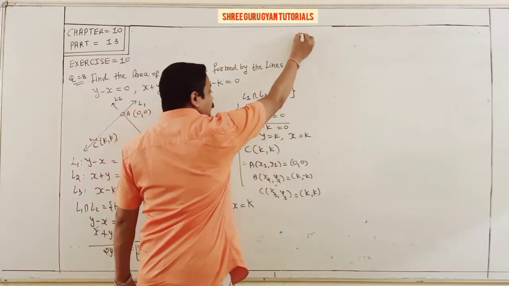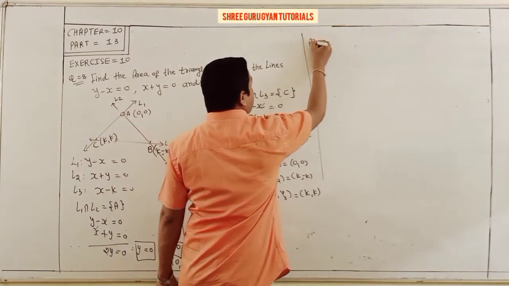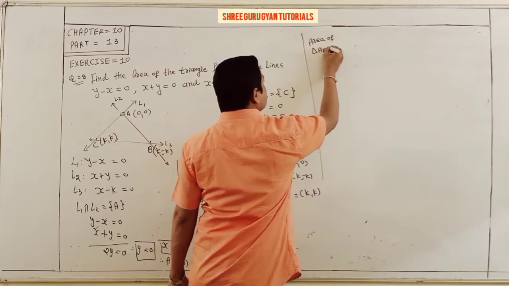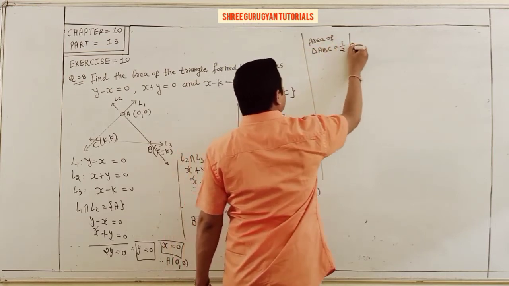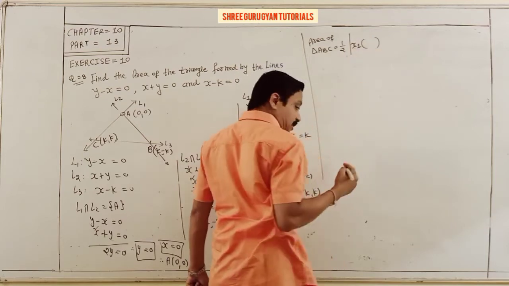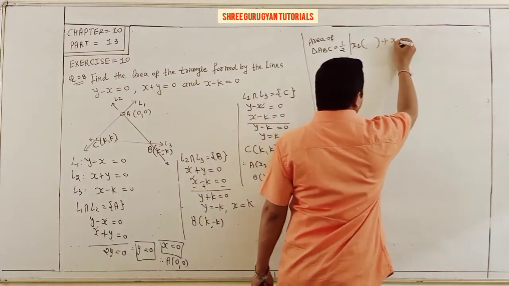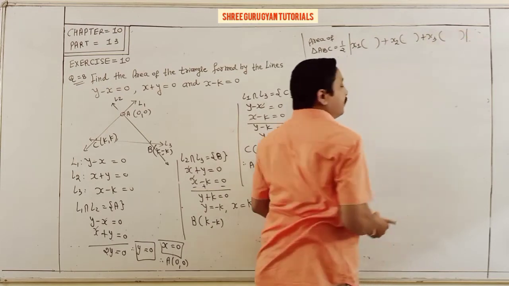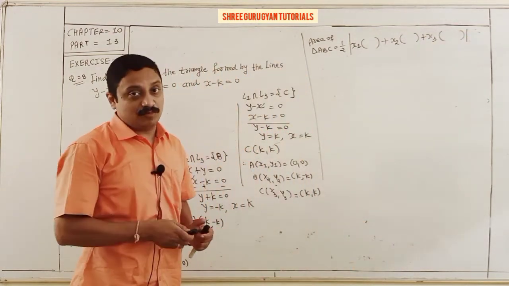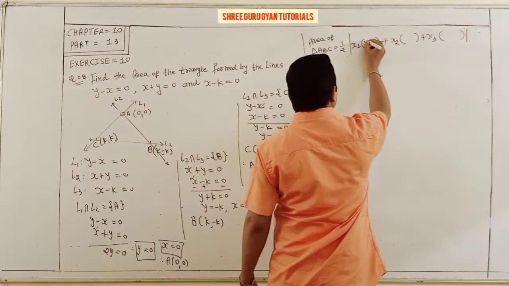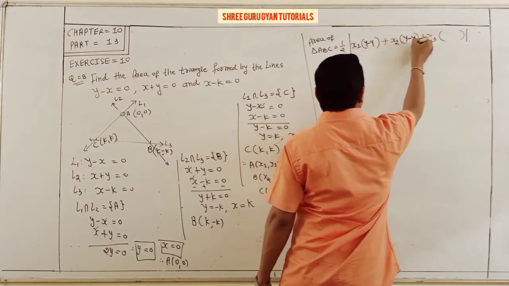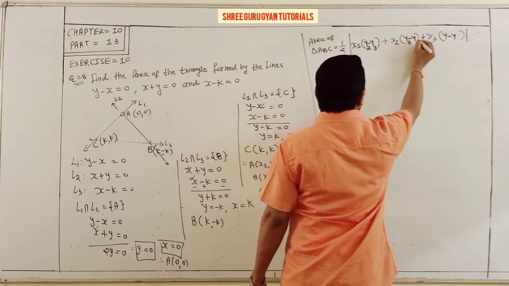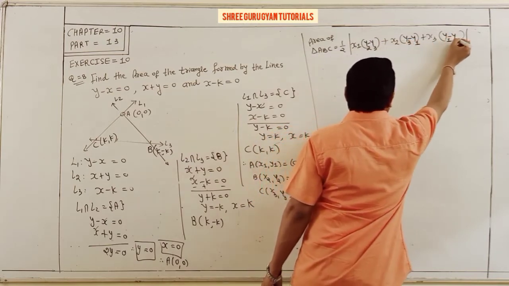So finally, the area of triangle ABC is half of x1 plus x2 plus x3, and apply our formula respectively: y minus y, same and same. Here 1 then 2 3, 2 then 3 1, and 3 then 1 2.